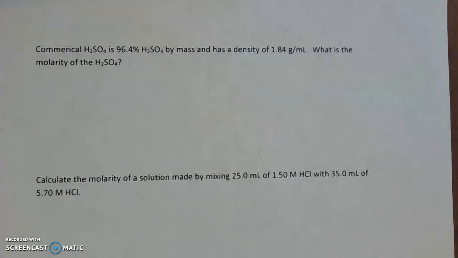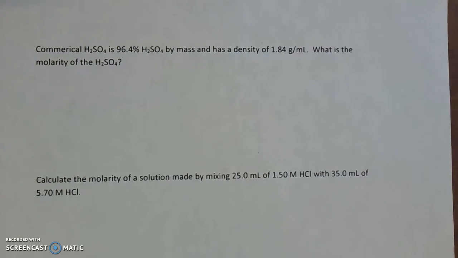So this first one, anytime you see a problem like this one, we're going to follow this example. We are given a commercial solution, in this case of sulfuric acid, and we're given the percent by mass. We are given a density, and we want to know what the molarity is.